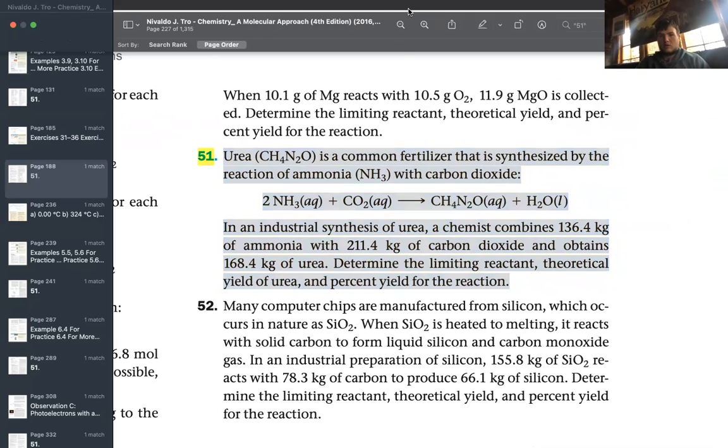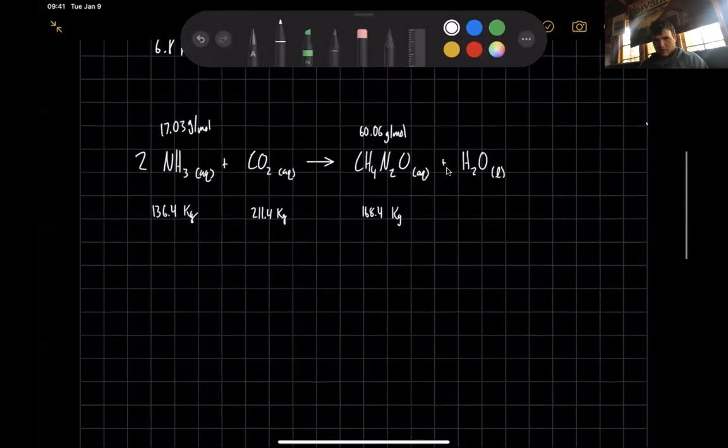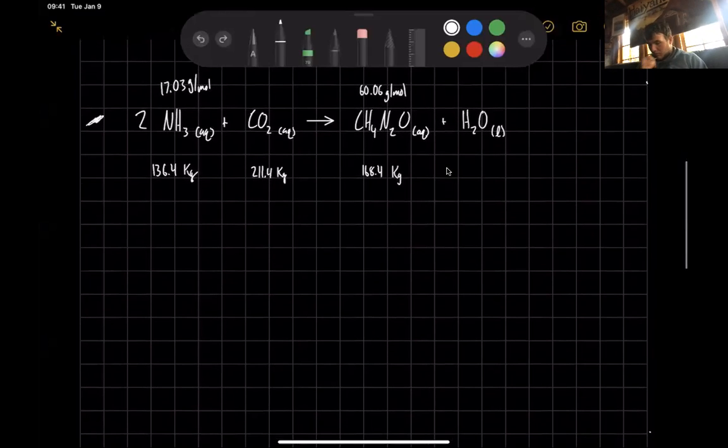So I will go and share this screen. This is our given information. We have our reaction. I searched the molar masses of the reactants and products ahead of time, so I didn't have to look for them during the problem, and then we have the masses of the reactants and products that are used and produced.